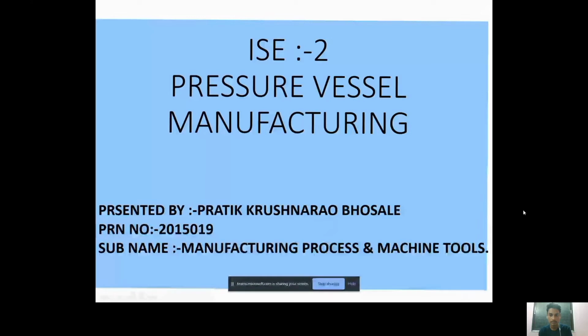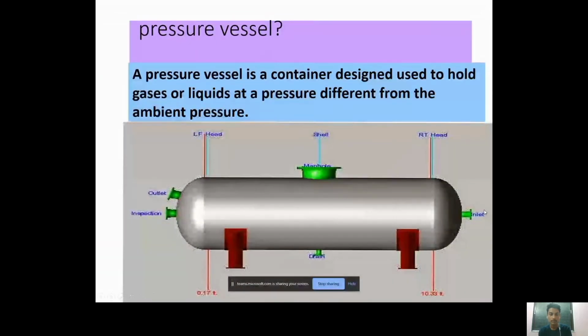So, I'm starting the presentation. First is a full analysis of the pressure vessel. What is a pressure vessel?